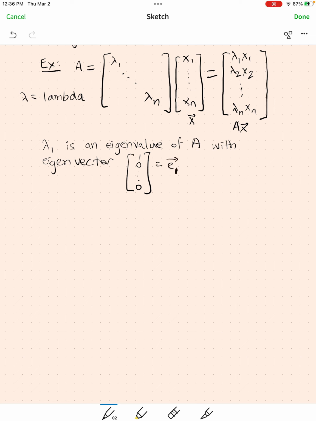And lambda 2 is an eigenvalue of A with eigenvector E2.